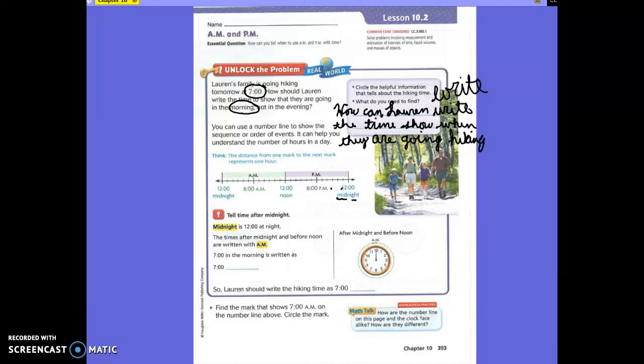The times after midnight and before noon are written with A.M. A dot M dot. Now, yes, you can write these in cursive.